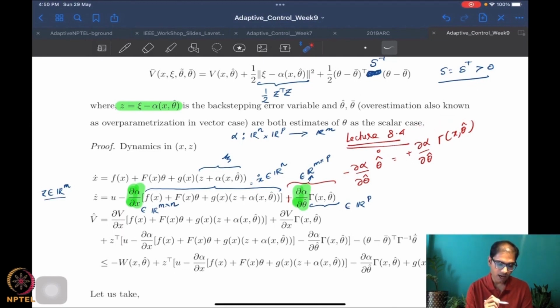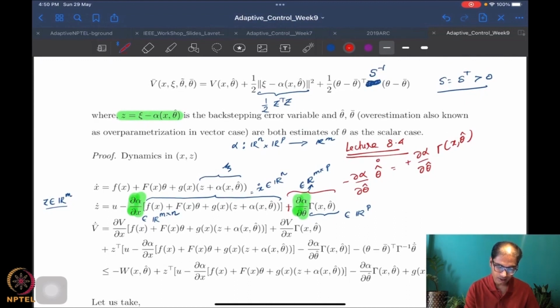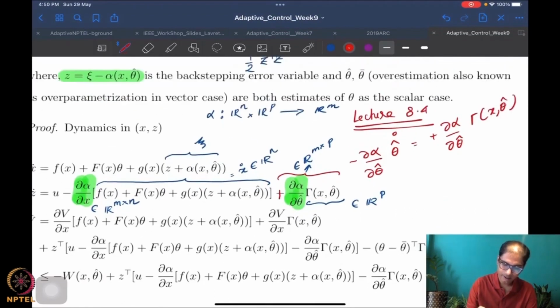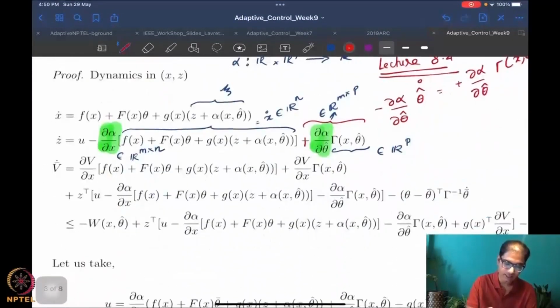Okay, so now when I write v bar dot, I get again two pieces from this partial, which is del v del x times this plus del v del x times a gamma. Let's see, it's not del v del x, so I need to check the signs here. So v was a function of x and theta cap.